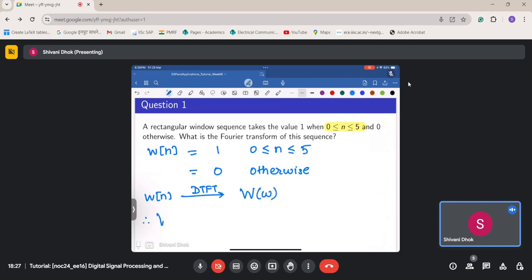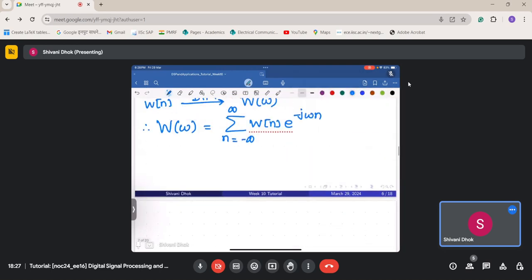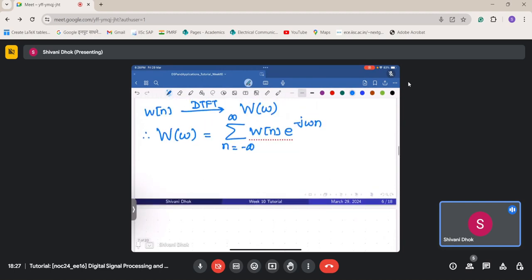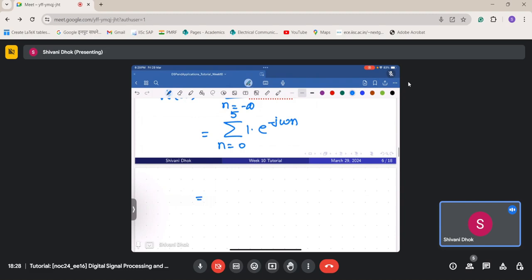Therefore W of omega is equal to summation n running from minus infinity to infinity W of n into e power minus j omega n. Now we know that W of n is 1 between n equal to 0 to 5, so we have summation n equal to 0 to 5 of e power minus j omega n.